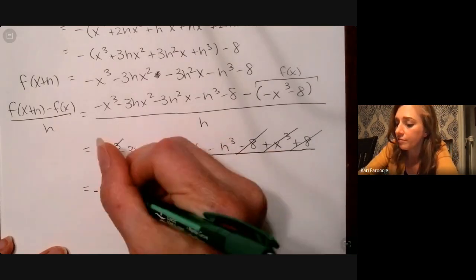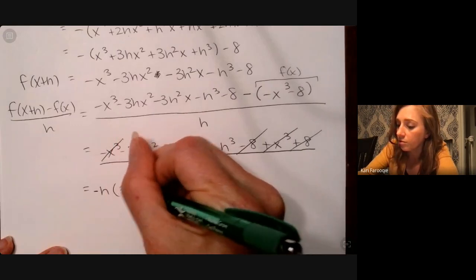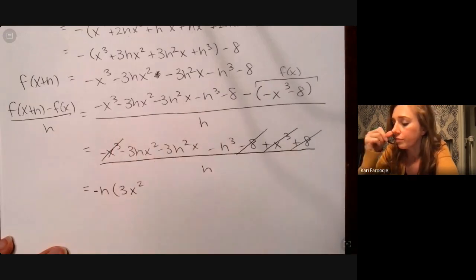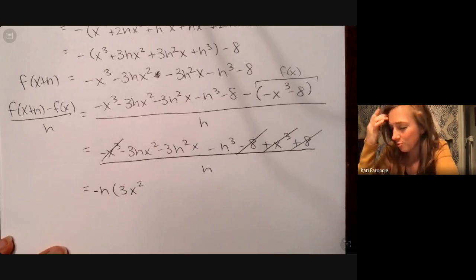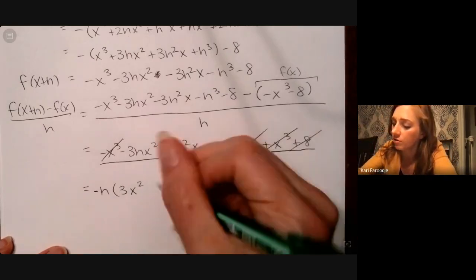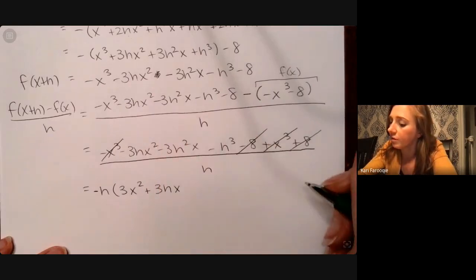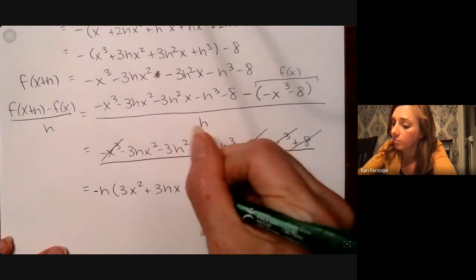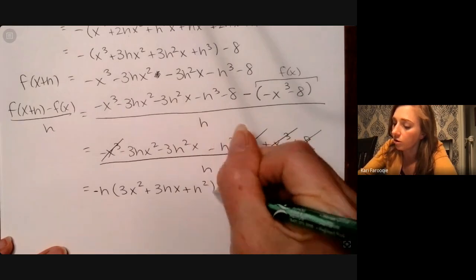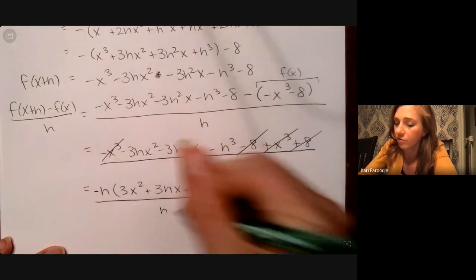It doesn't matter, but it's bugging me, so I'm going to take out a negative h. That might even throw you more because your signs could get screwy, so if you don't feel comfortable, just leave it in. And then plus h squared, divided by h.